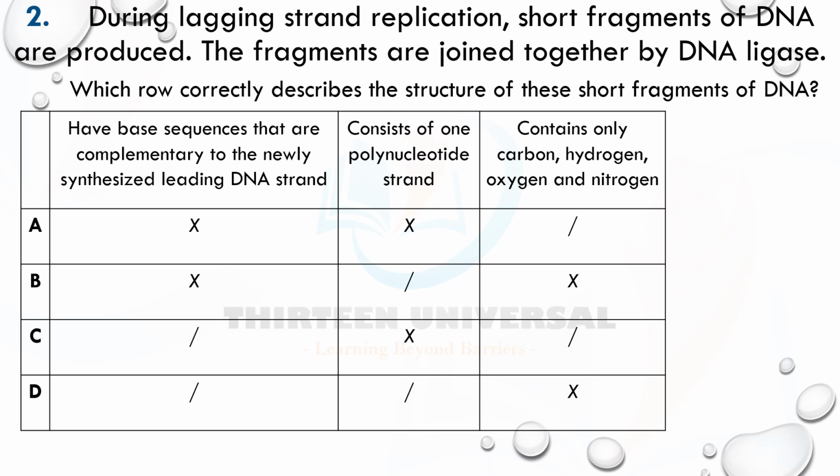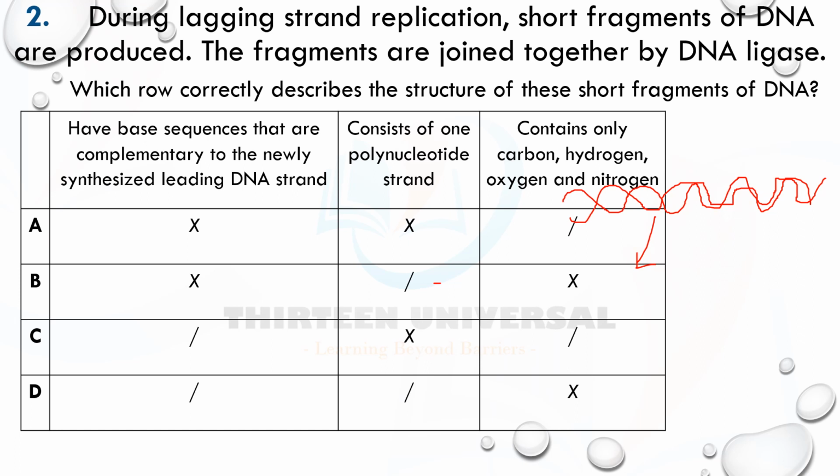Remember that during DNA replication, if this were a DNA molecule, a double helix with two strands, it is time for it to replicate. The first thing that happens is that it unwinds. DNA helicase causes it to unwind, breaking the hydrogen bonds between the complementary bases on the two strands.